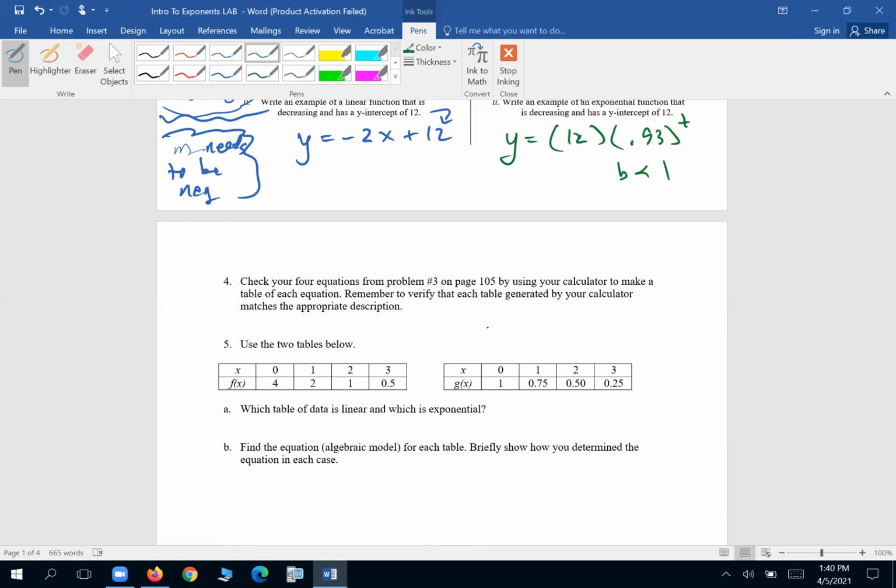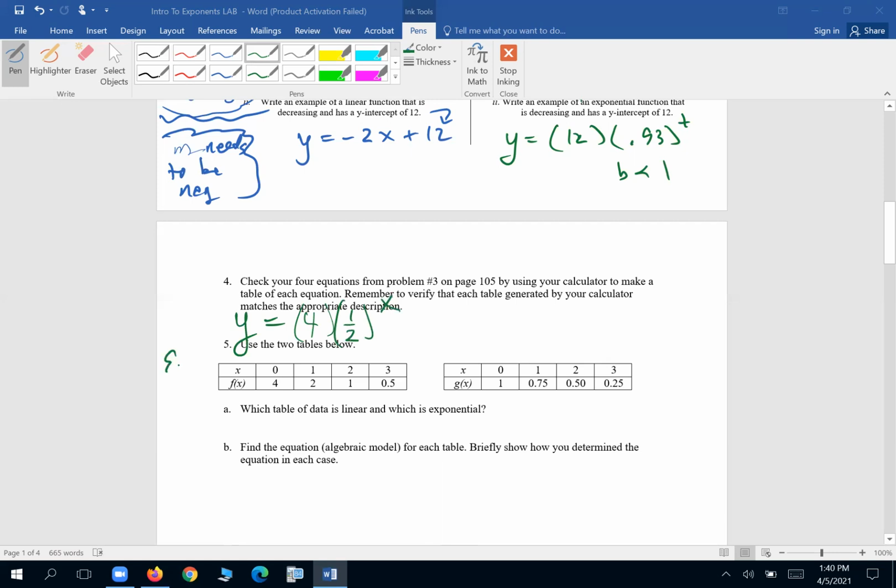So if it's going in half every time, 4 is going down to 2, going down to 1, your function here for the first one, notice I put it in green, will be exponential: 4, and you're going to go in a half every time. So there's your exponential function.